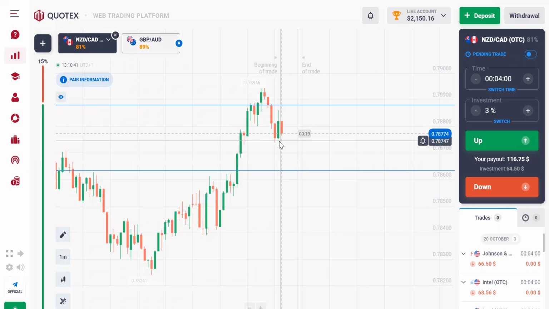Let's see if this is going to break the lows here. That might confirm the interest of sellers.